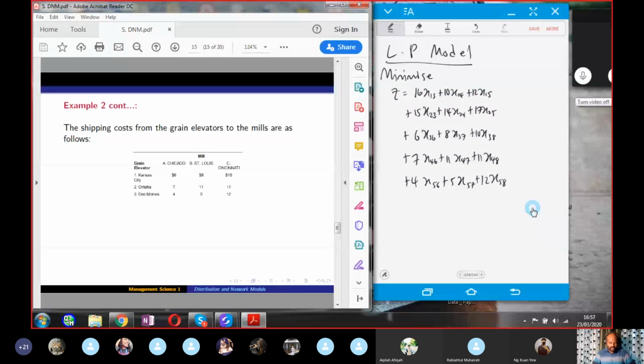Now you have to write the constraints. The constraints start from the supplier, 300 and 300. Whatever quantity goes out from farm 1 must be less than or equal to 300.